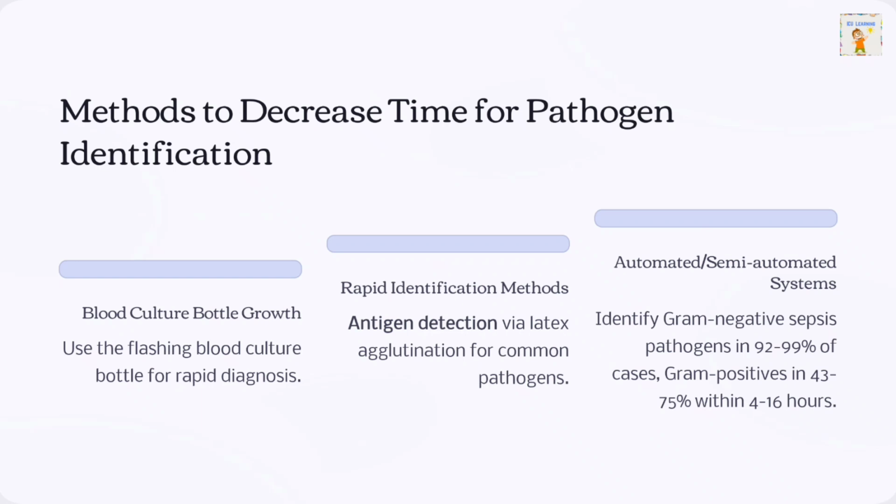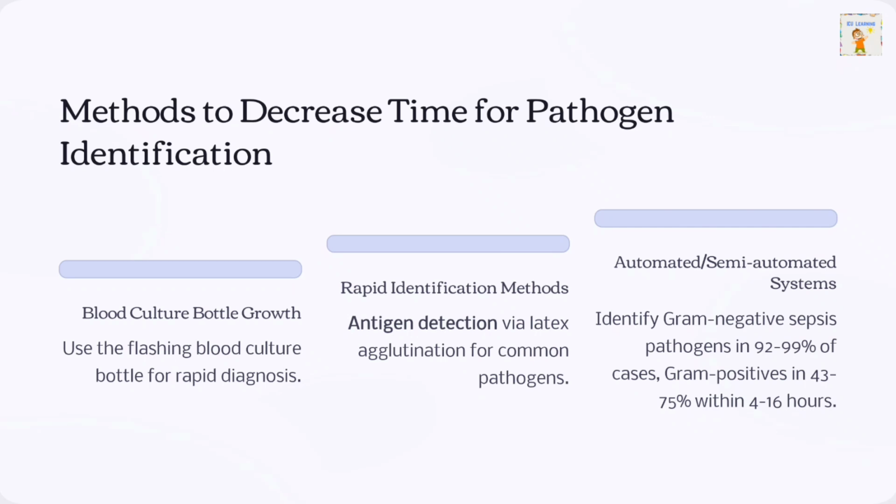Now, what are the methods to decrease the time for pathogen identification? Because as we know, blood culture may take 2 to 3 days to get the result, and then we may be able to take some action. So use the flashing bottle culture for rapid diagnostic, which can be done by antigen detection for pathogens like Streptococcus pneumoniae, Neisseria or Streptococcus agalactiae.